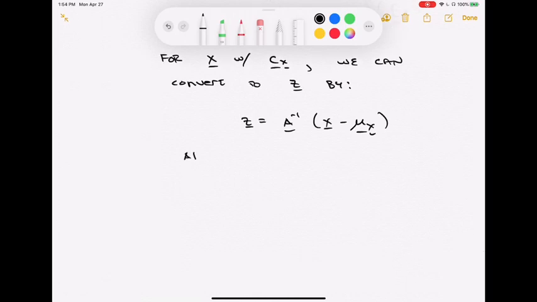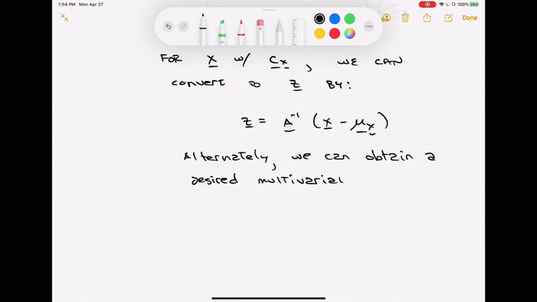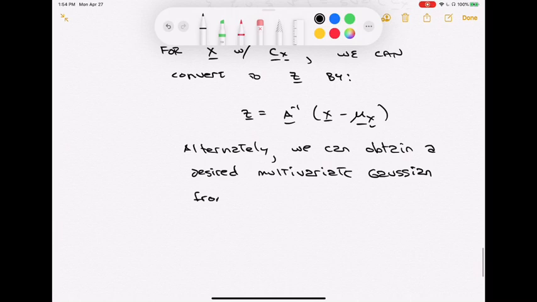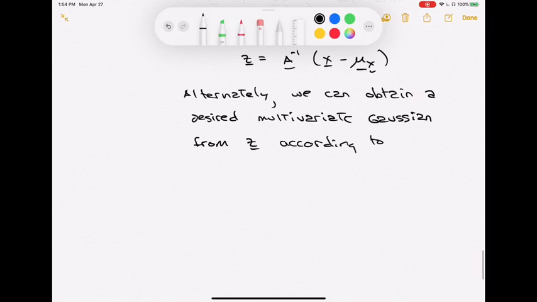Alternatively, we can obtain a desired multivariate Gaussian from Z according to x being equal to A Z plus our b, here just mu of x, something along those lines.